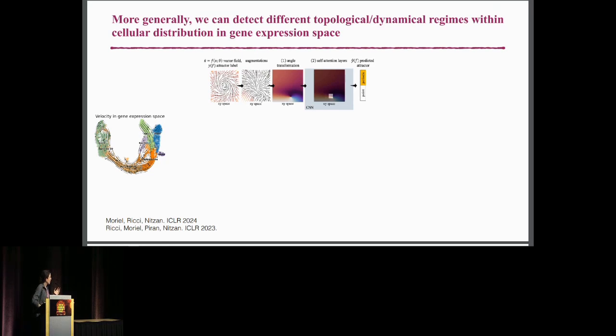Then we do an angle transformation to preserve not the amplitudes, but only the angles of the directions the single cells are flowing into. And then we have a convolutional neural network with self-attention to predict whether we would expect that the original system exhibits a fixed point or a limit cycle. We can also generalize this, but this is an example for this specific case.